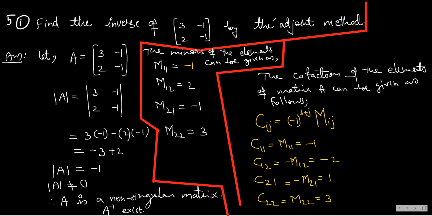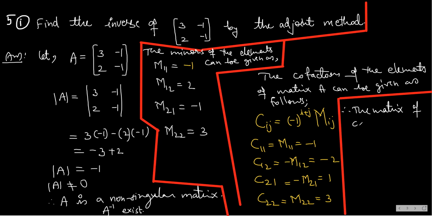Now we will find the matrix of cofactors. Therefore the matrix of cofactors can be given as C, where you write the cofactors of corresponding elements: -1, -2, 1 and 3.